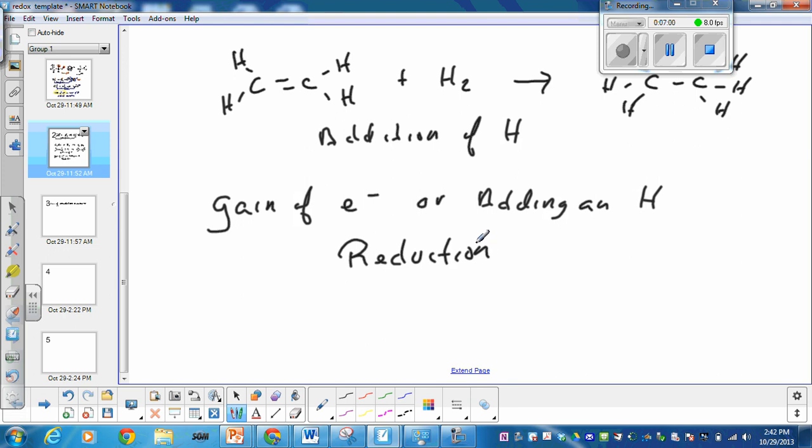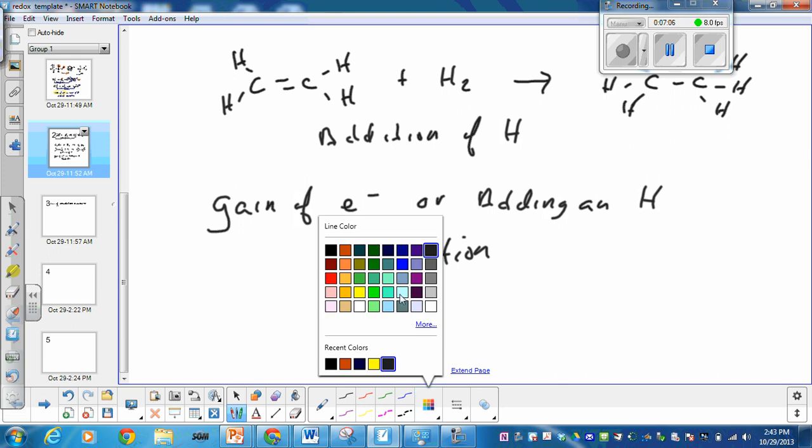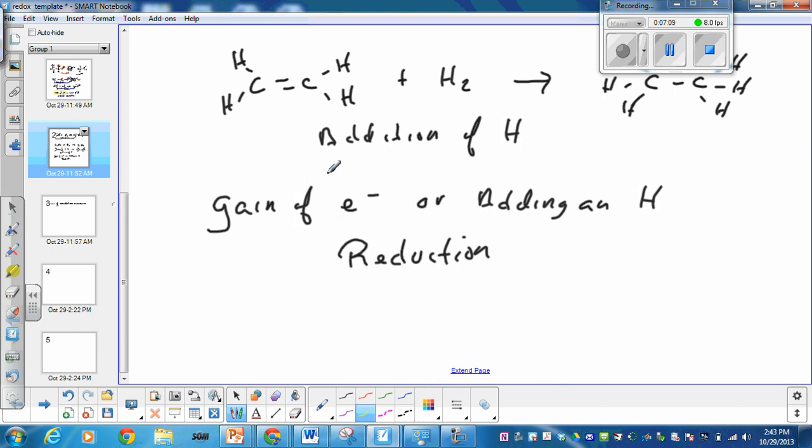And this is the theme of what we're going to be talking about in this particular unit, the idea of electrons being moved. Oxidation, reduction. Again, we're going to stay with the modern definition here. This is going to be our focal point.